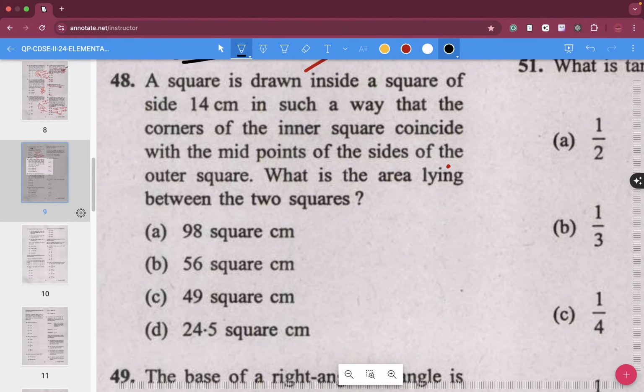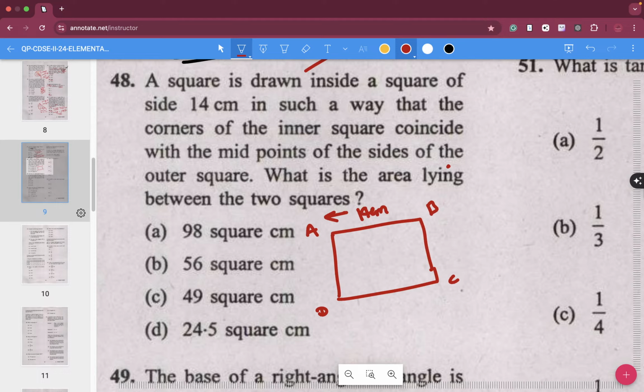A square is drawn inside a square of side 14 centimeter. So if we have a square ABCD over here, this is the outer square, and the length of this side is 14 centimeter. A square is drawn inside it in such a way that the corners of the inner square coincide with the midpoints of the sides of the outer square.